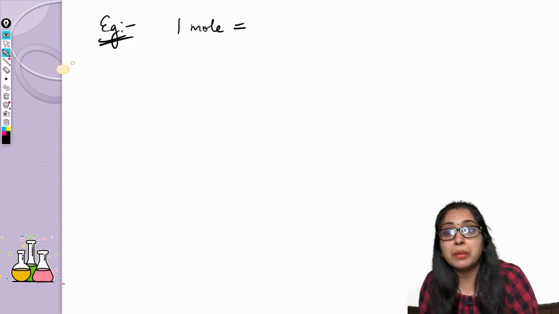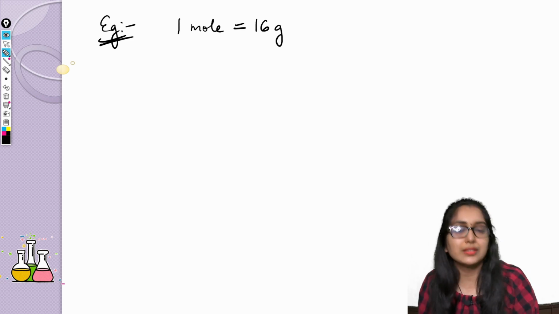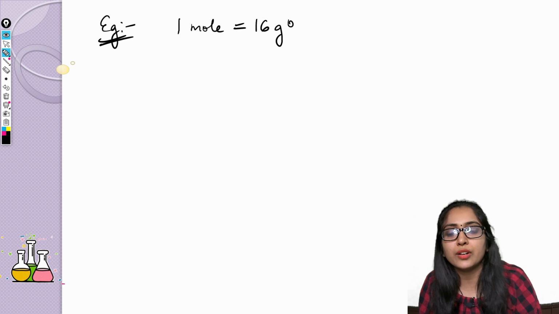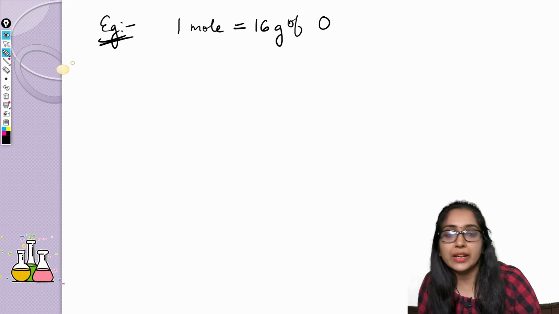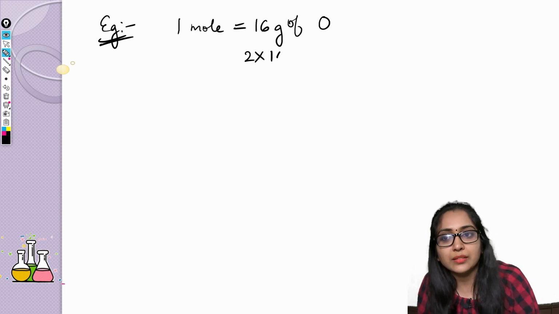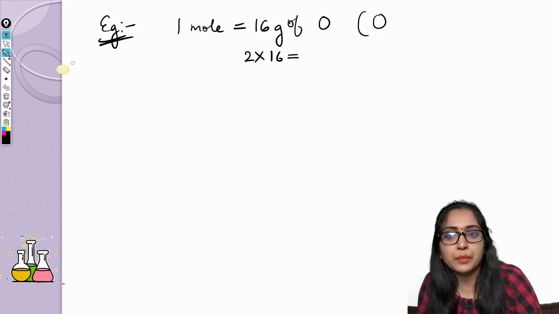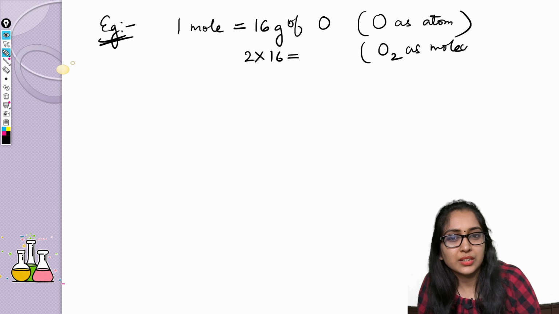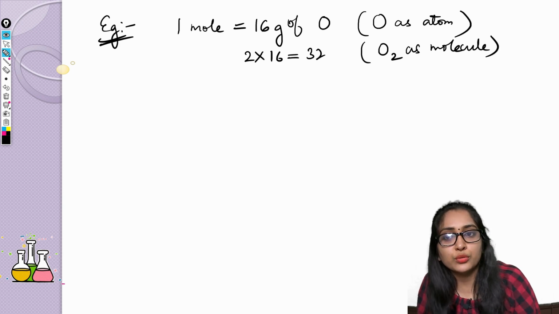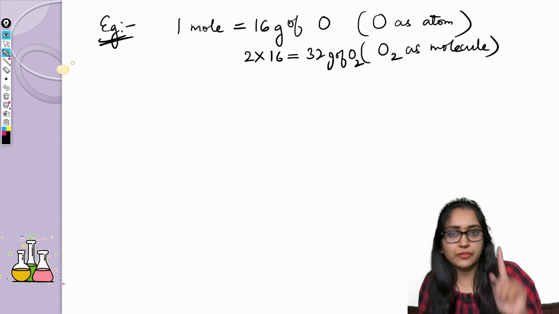The atomic number is 8, but the atomic mass is 16 gram of oxygen. But if I am taking it as a molecule, I'll write 2 into 16, because O is the atom and O2 is the molecule. That is 32 gram of O2. So this was the first definition.